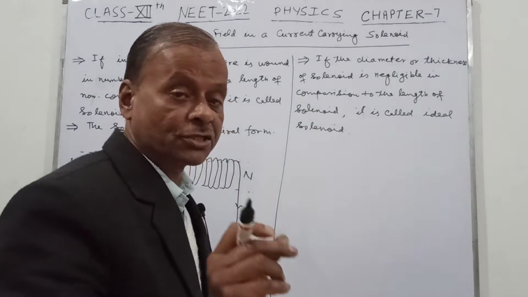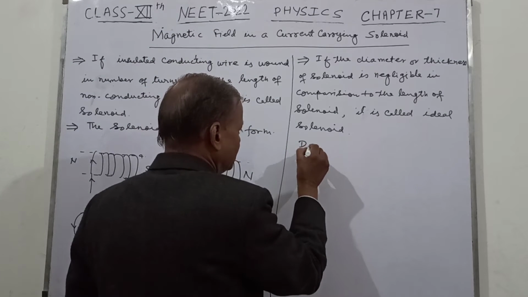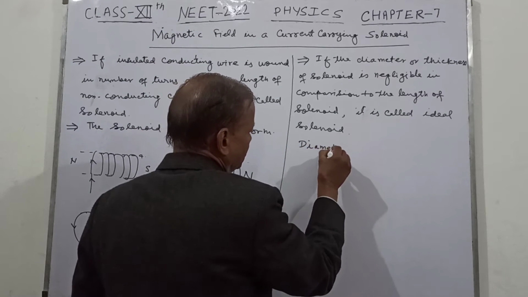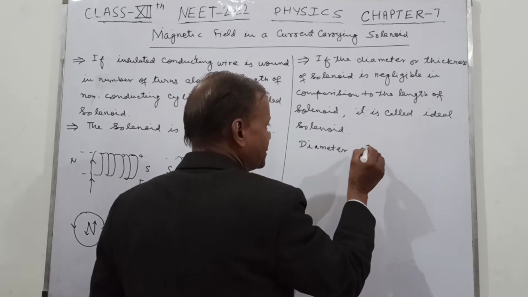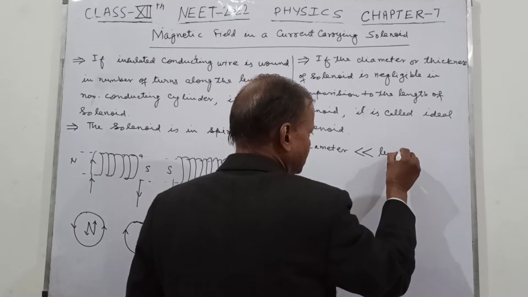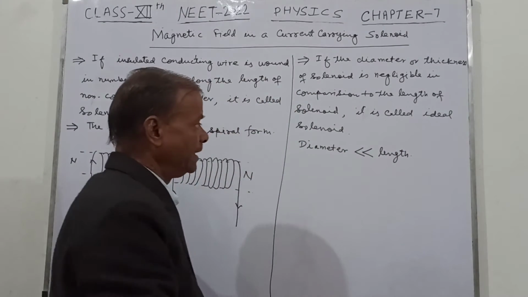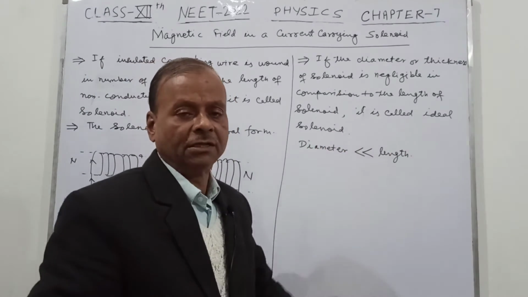When the thickness or the diameter of the coil is very, very less than the length, then this solenoid is called the ideal solenoid.